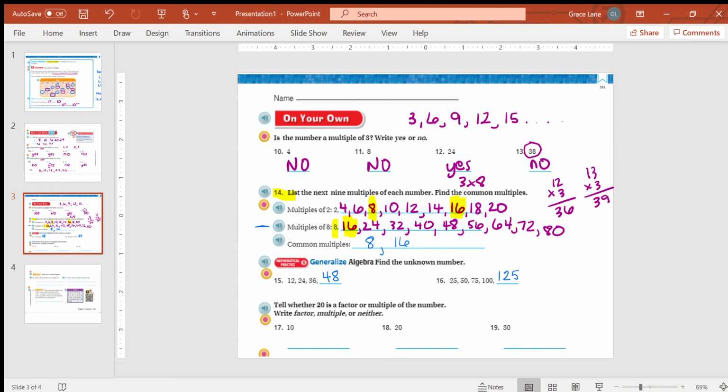Okay, tell whether 20 is a factor or a multiple of the number. Factor, multiple, or neither. All right, so we're talking about the number 20.